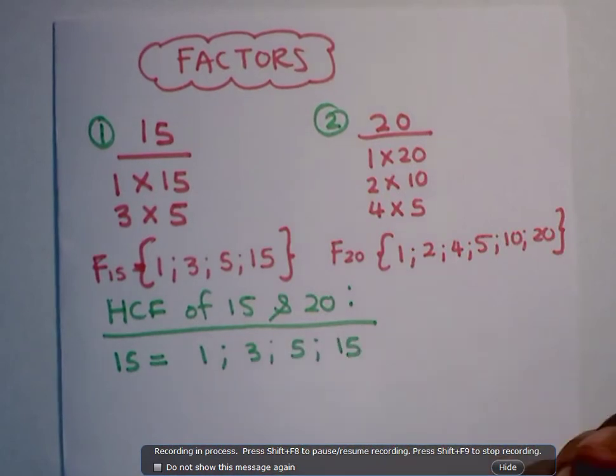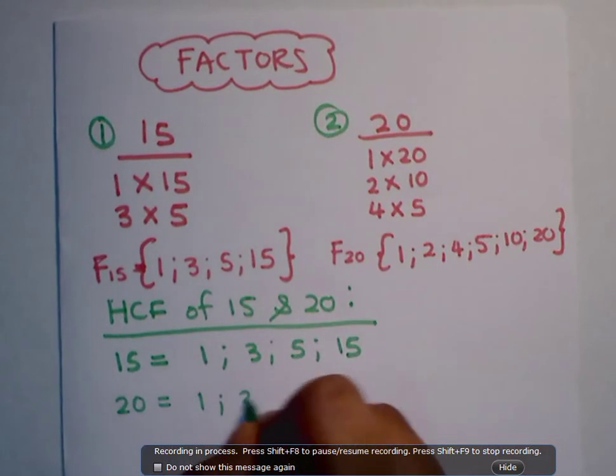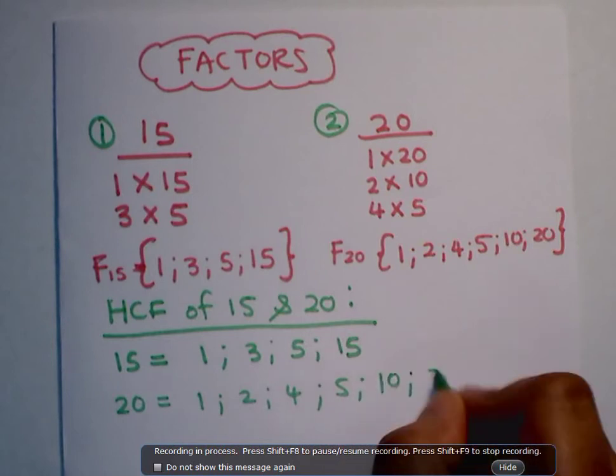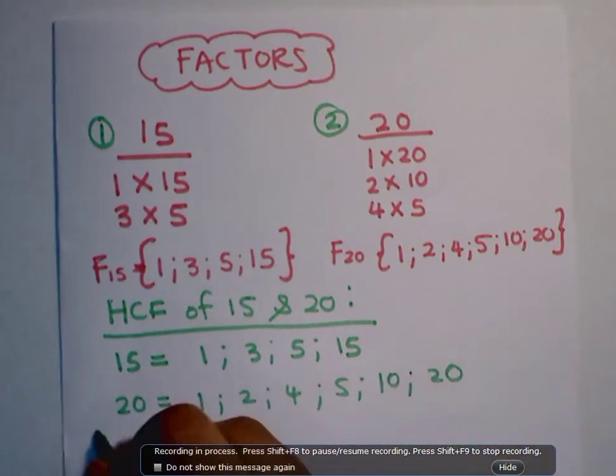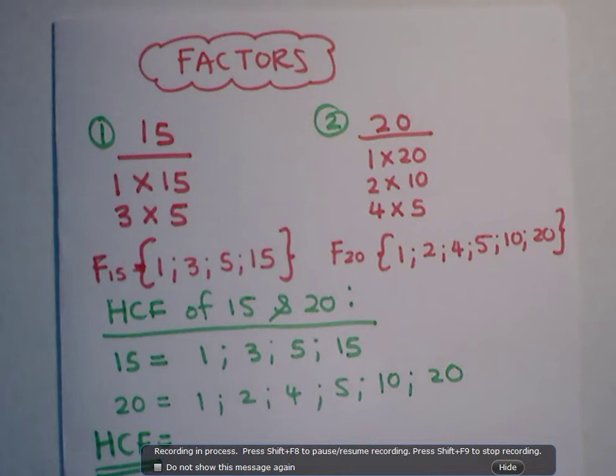Then I'll have 20, the factors of that are 1, 2, 4, 5, 10, 20. Then I say the HCF. HCF just means which number is the biggest number that's common amongst the two of them. So the highest number that's common, and it has to be a factor of both 15 and 20.